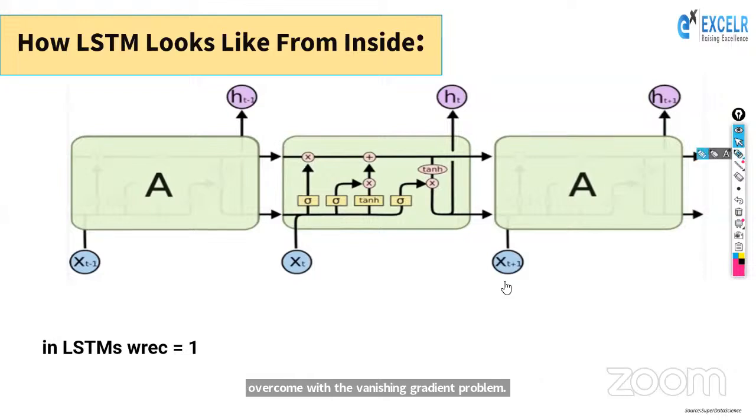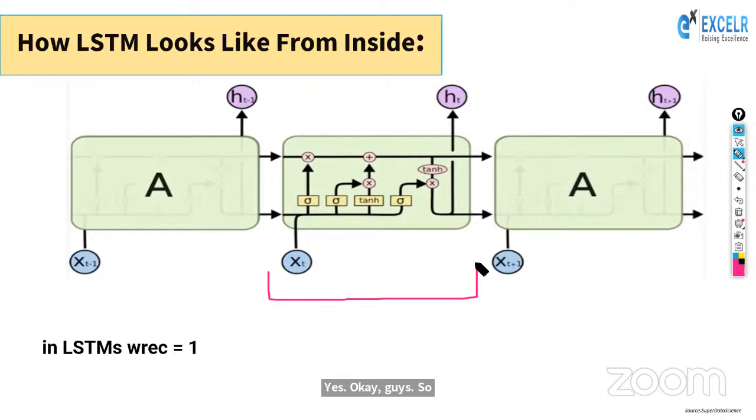Yes. Okay, guys. So this is how an LSTM architecture looks from inside. Now, just recall, guys, in RNN, each and every hidden layer node will have two inputs. One input was coming from the previous hidden layer output, that is from h of t minus 1.